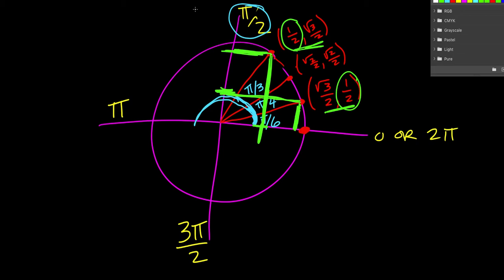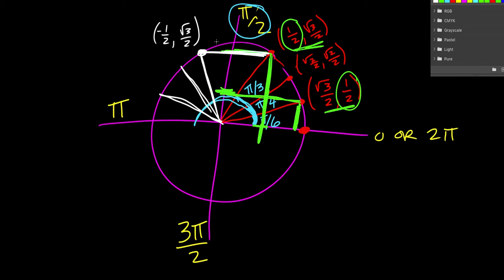Now, once you have all this stuff memorized, the nice thing is, if we want to know the 3 tick marks over here, all we have to do is reflect it across here. Now, if we reflect from here to here, only the x value is going to change, and it's just going to be negative from this point. So it's going to be negative 1/2 and square root of 3 halves.